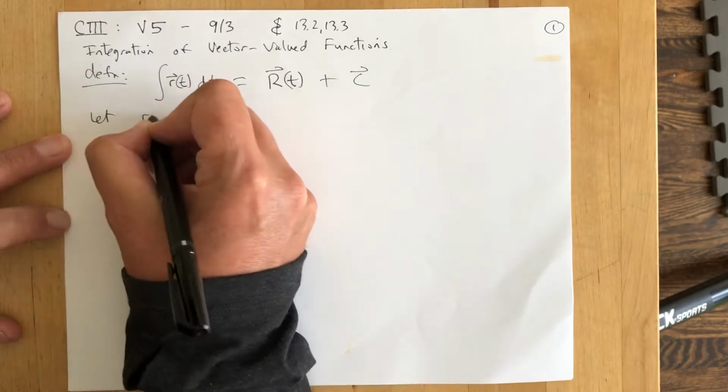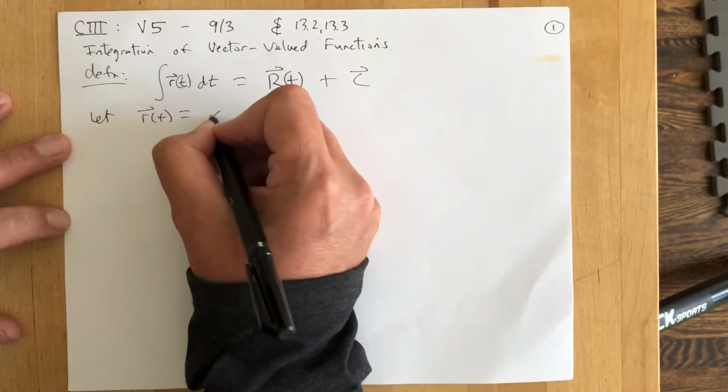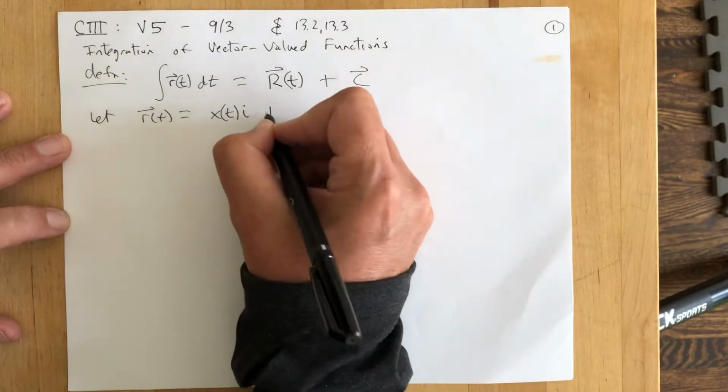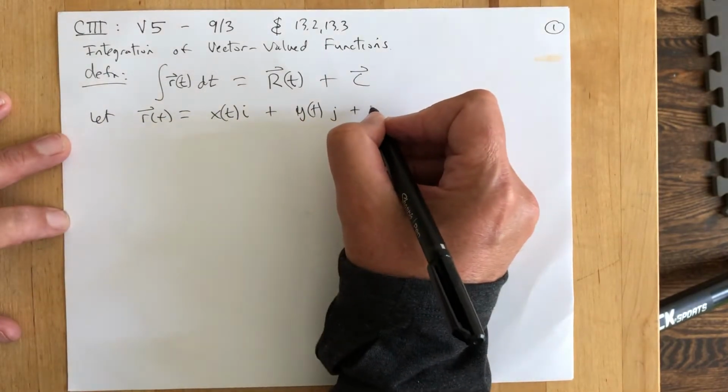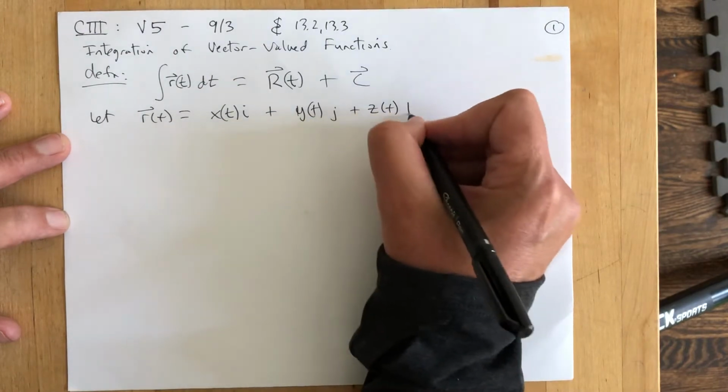Let r of t equal x of t i plus y of t j plus z of t k.